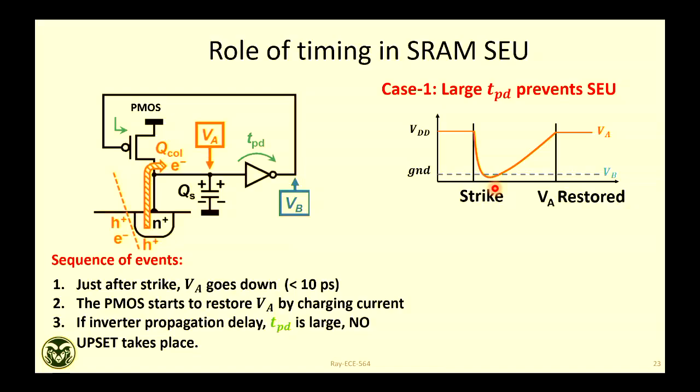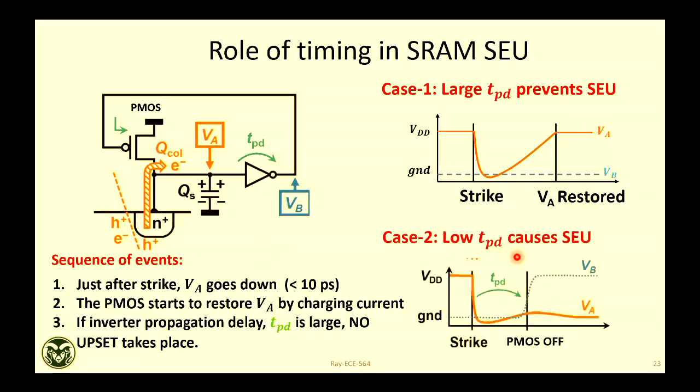If your collected charge is more than the critical charge or the stored charge, then the voltage can be negative at that particular node. But it will keep rising the more you allow time. That's where the propagation delay of this other inverter comes in. Then it will rise again to VA, as if nothing has happened. So if the propagation delay is long, this node will go back and there will be no upset.